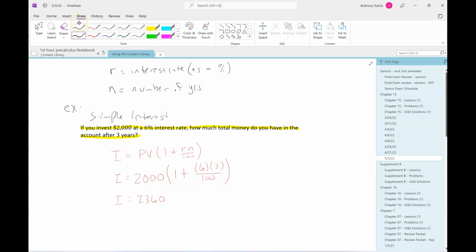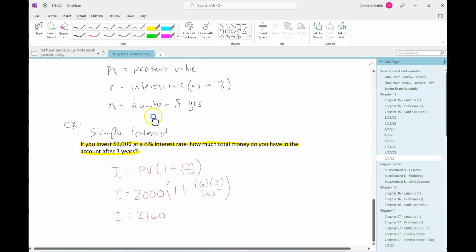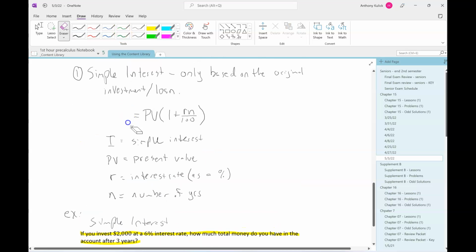I need to go back and make a little revision here. So hold on to your butts here, guys. We should say this is FV for future value, where the I, well, let's just leave that as I there, is just PV times Rn over 100.